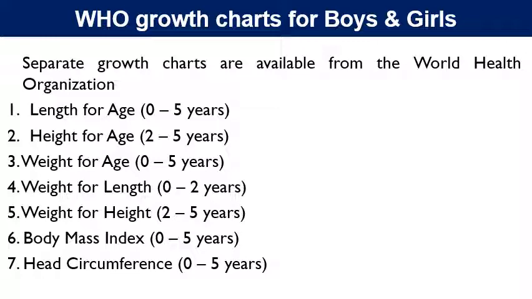The third one is weight for age, from birth to 5 years, and weight for length, 0 to 2 years. Weight for height, 2 to 5 years, you can assess for both boys and girls. Body mass index up to 5 years of age, and head circumference also from birth to 5 years. So these are the various charts available from the World Health Organization to monitor the growth patterns of the children.